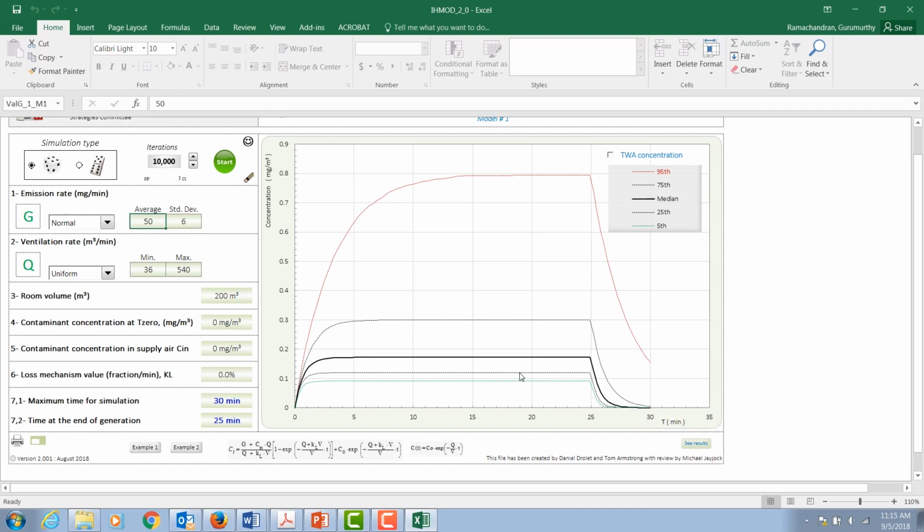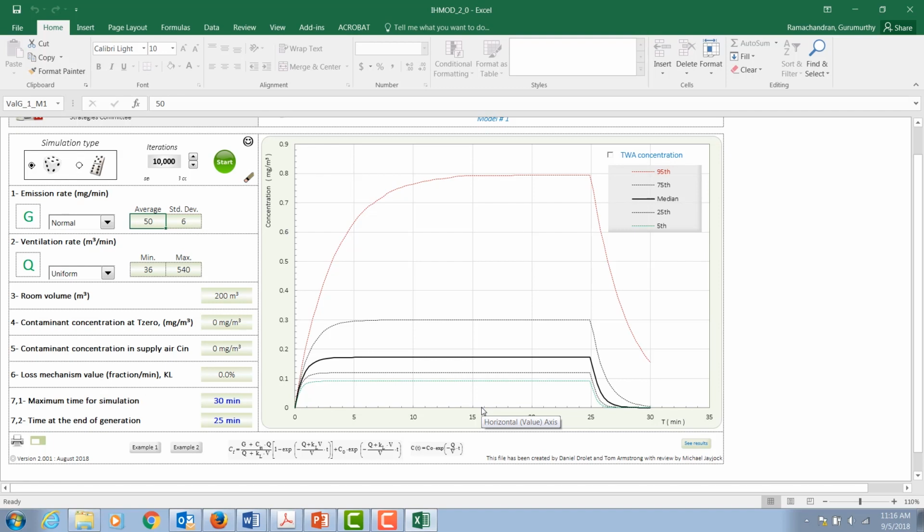But the plot also shows the several other percentiles. So the median is the 50th percentile, but the output also shows the 75th percentile plot, the 95th percentile plot, as well as the 25th and the 5th percentile plots.